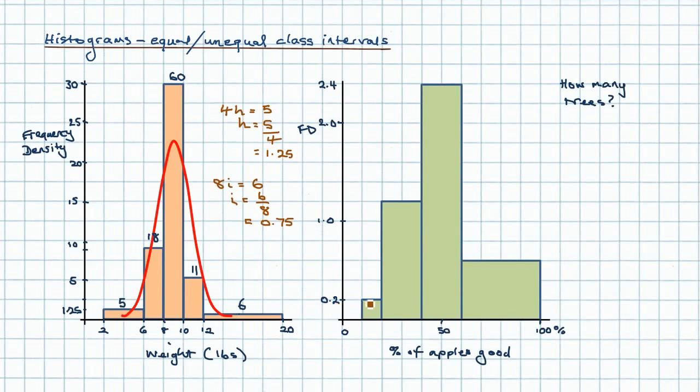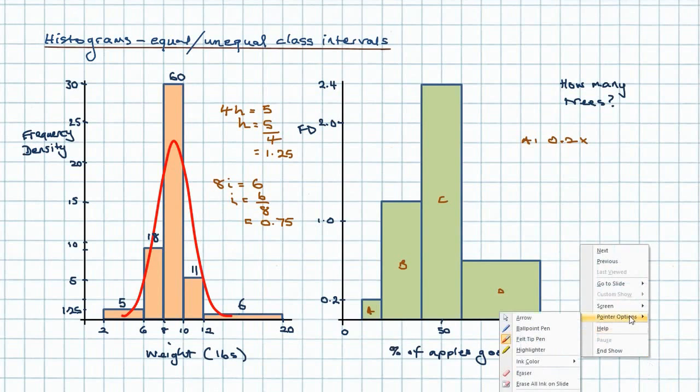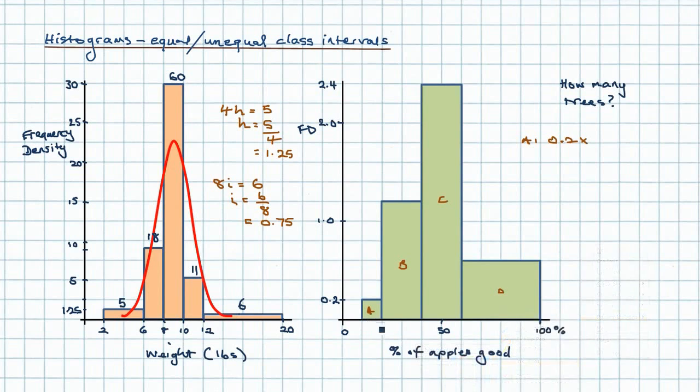So first of all, we've got our frequency density, which is 0.2. So let's call this A, B, C and D. So for A, 0.2 times, so that's the height, times the width. Well, let's just check the width. Okay, the width of this bar then is, well, we're numbering up now in tens. So in fact, let's just put these on here.